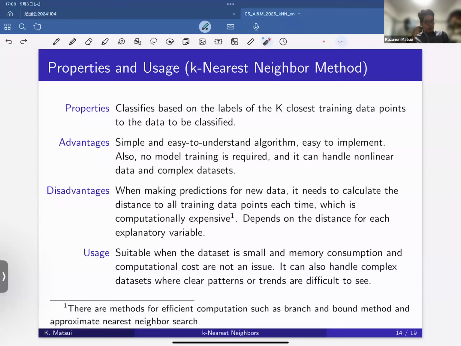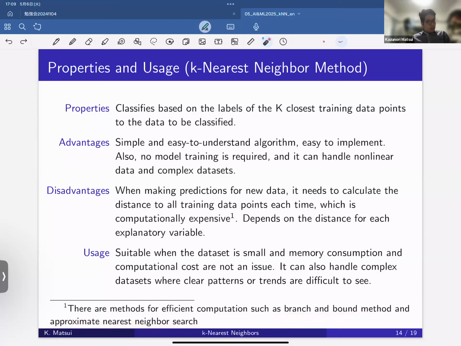Regarding the high computational cost issue, there are methods for efficient calculations such as the branch and bound method and approximate nearest neighbor search. But I will omit those details.